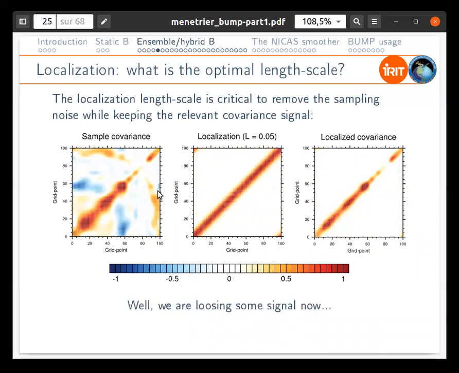But if I continue reducing the localization length scale, then I'm just losing the signal that is in the sample covariance matrix. So the important thing is to compute the right localization length scale to remove the noise but keep the signal.